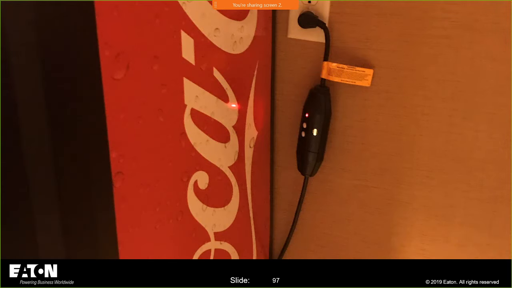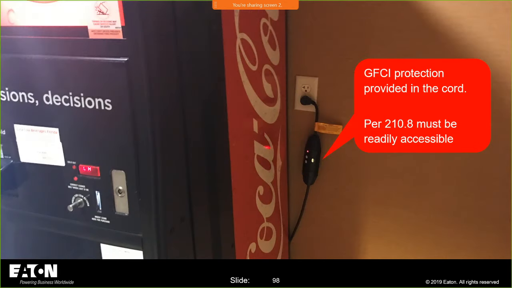This is what basically drove that discussion, because how do you make GFCI in the cord accessible when you have things like a Coke or a Pepsi machine or any type of pop machine or soda pop machine, depending upon where you live? It's hard to make that readily accessible, and all GFCIs have to be readily accessible. So that's a challenge.